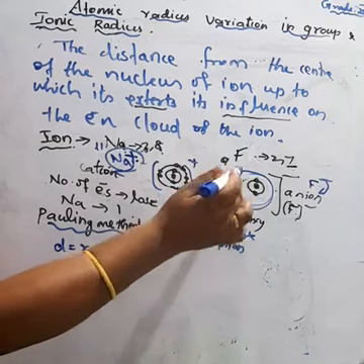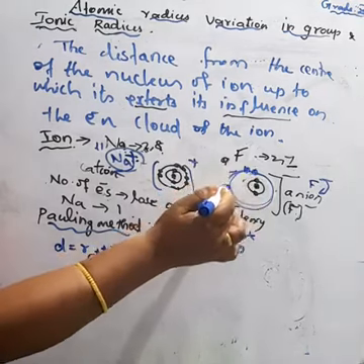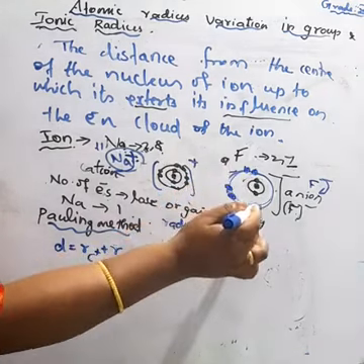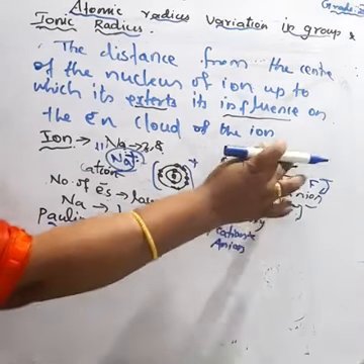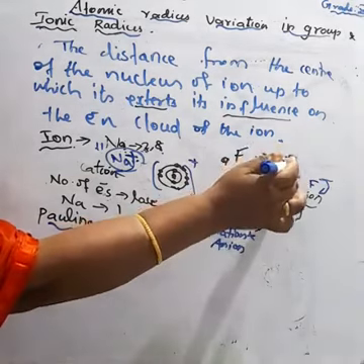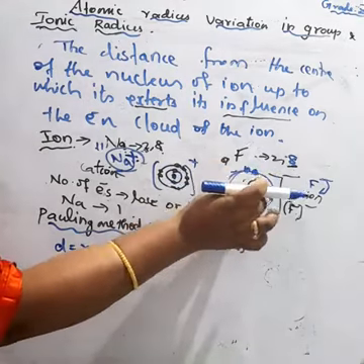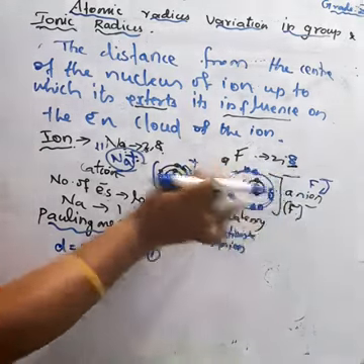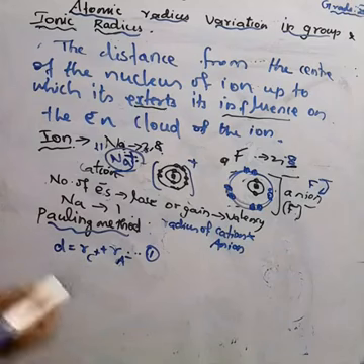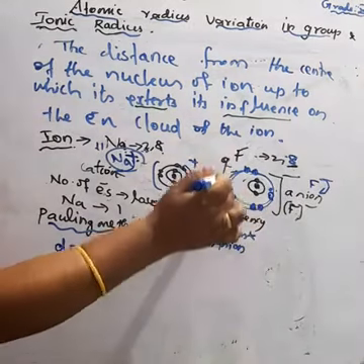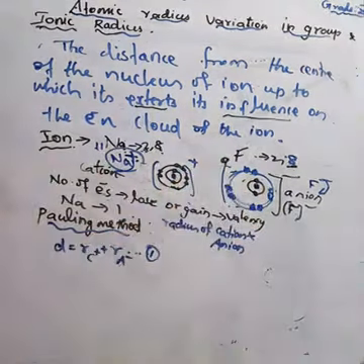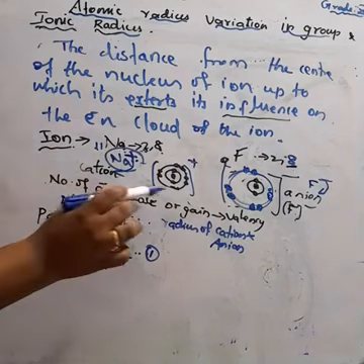Here the number of protons is 9, but the number of electrons is 10. Understood? So the nuclear force is very low, because the number of electrons is high. Since the nuclear force is low, the size of the anion will be higher than the size of the neutral atom.